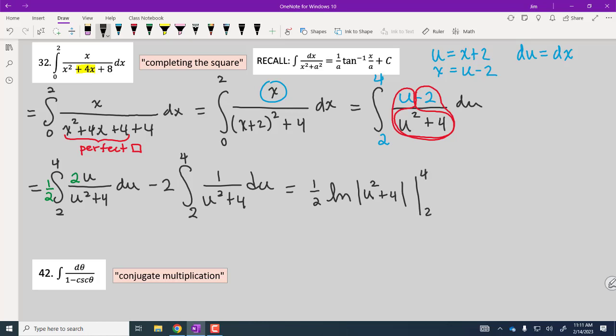And then we're just going to use the trig table identity right there for now. So that's going to be 1 over a. So that's 1 over 2. Arctangent of x over a. So that's going to be arctan of u over 2. And then limits of integration are 2 to 4.